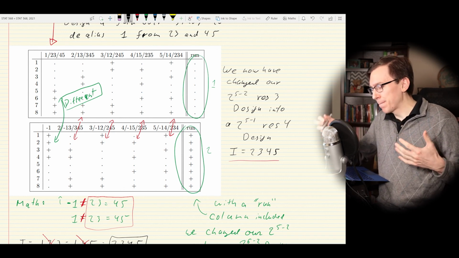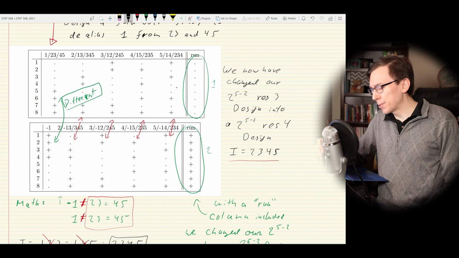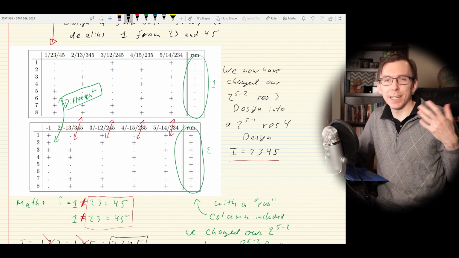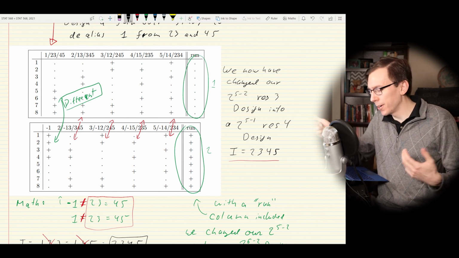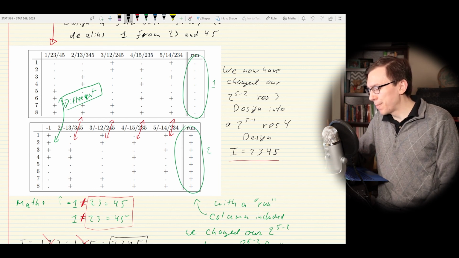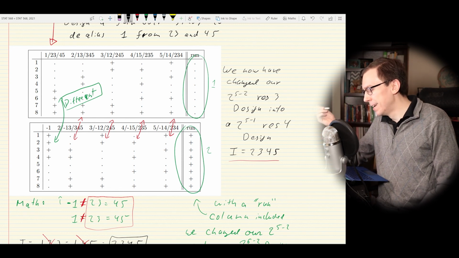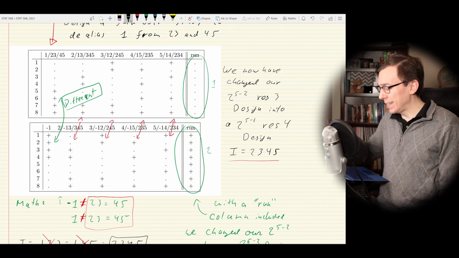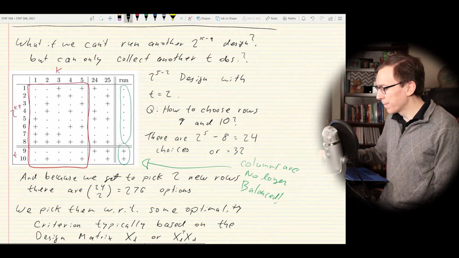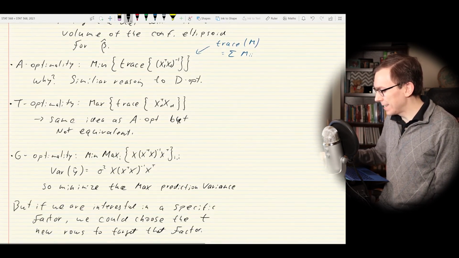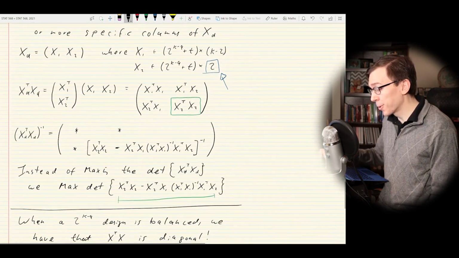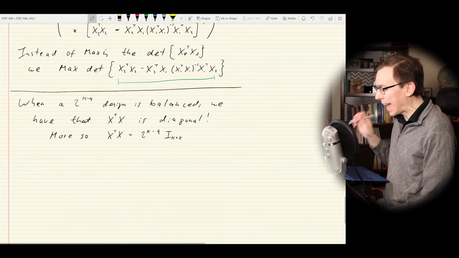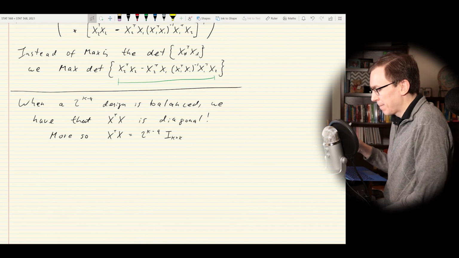So effectively, if I were to do a dot product between these two, I'm going to get something like +4 minus 4 equals 0. If I did it with the entire 16-row matrix, I would have +8 minus 8 equal to 0 again. So this idea of balancing is really nice. It means that X transpose X is diagonal, our design matrix is orthogonal, has orthogonal columns.